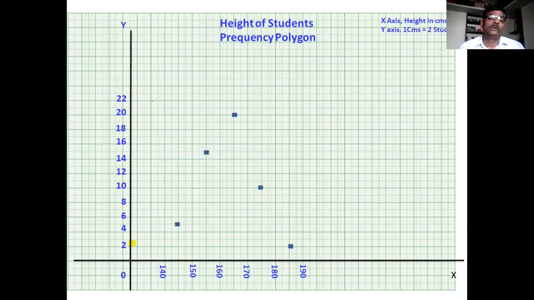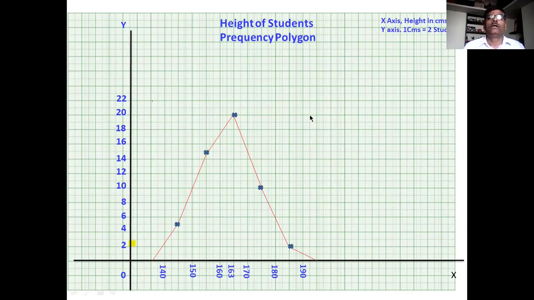Okay, you see here. This is the line drawn from one point to another point. Like that, you have to join the points and show the graph. This is called a frequency polygon.